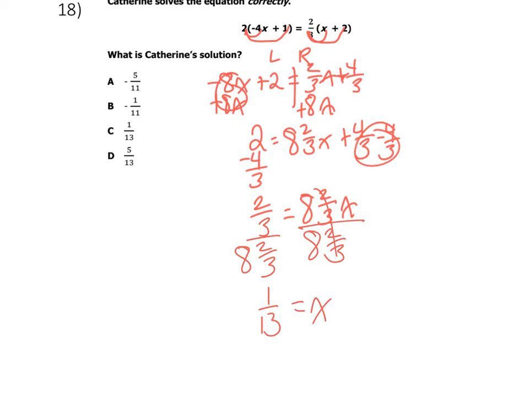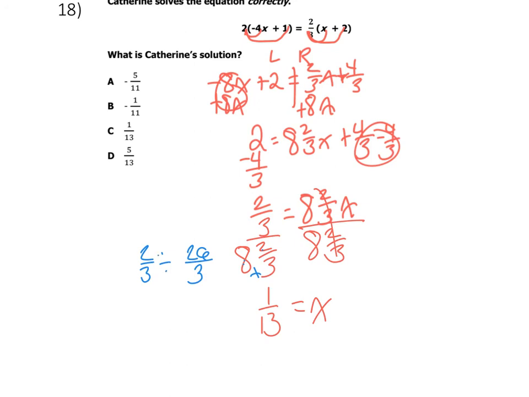Another way you can solve it is to take this 8 and 2/3 and turn it into an improper fraction. So 8 times 3 gives you 24, plus 2 gives me 26, so you can do 26/3, and you get 2/3 divided by 26/3.